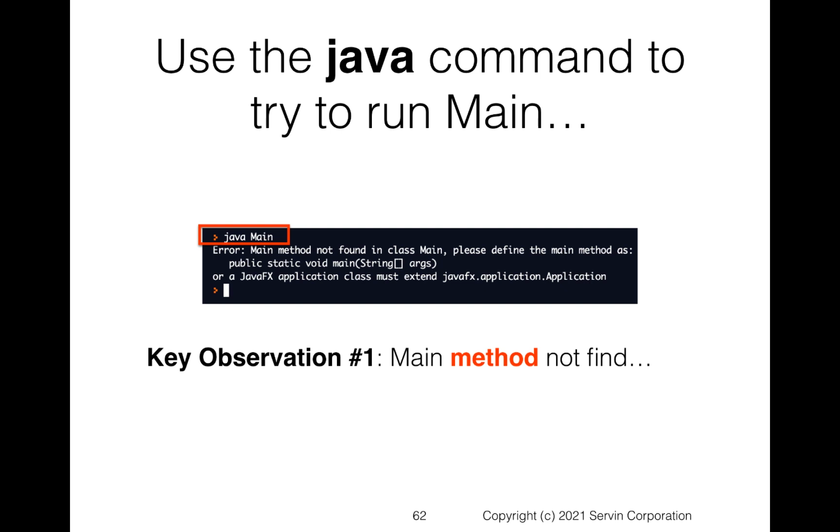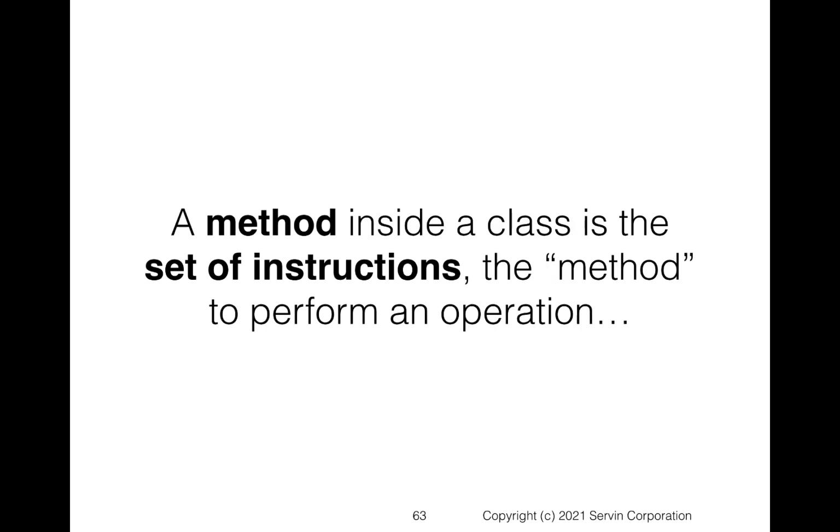It says, please define the main method as, and we see a bunch of stuff: public, static, void, main. Essentially, it's telling us that when it loads this class in, it's looking for a method. A method is like an action that it's going to take, and it's looking for one called main. And of course, we don't have that.